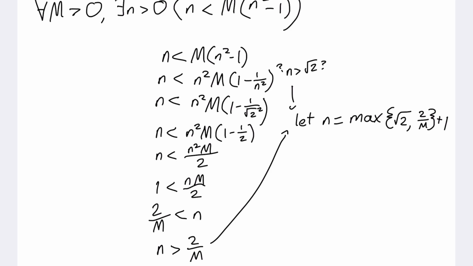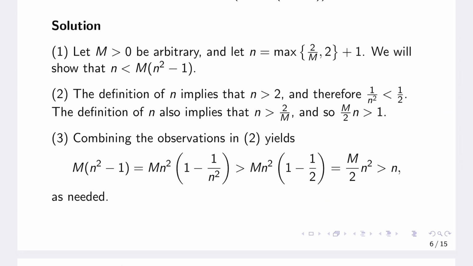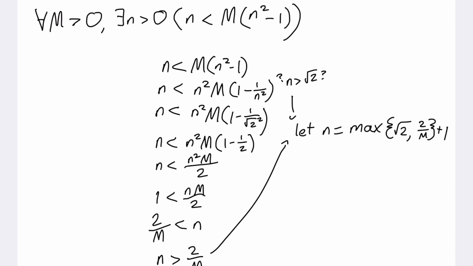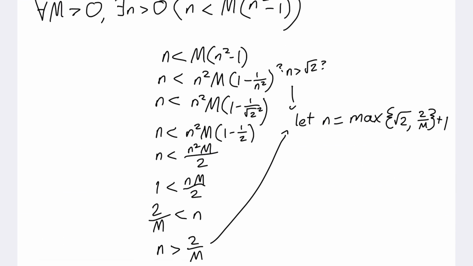Okay, last thing before I go to the formal proof. My choice of root 2, which I personally prefer because it makes this substitution of n squared turning into 2 a bit nicer, is different from what the proof in the slides uses. It uses a very similar technique, but with 2 instead of root 2. We discussed this a bit earlier for 5 versus root 5, and the effect is the same.